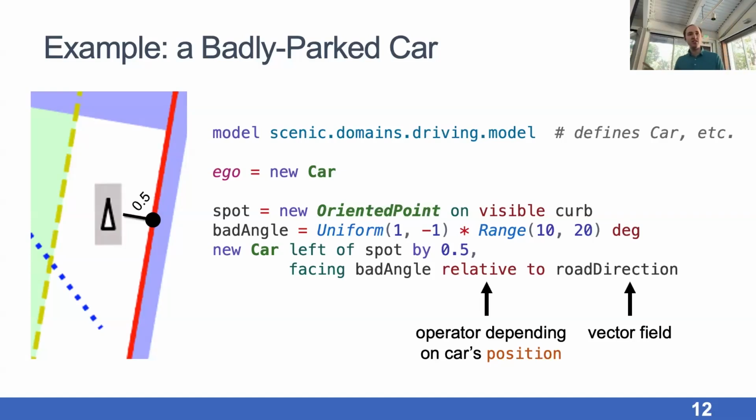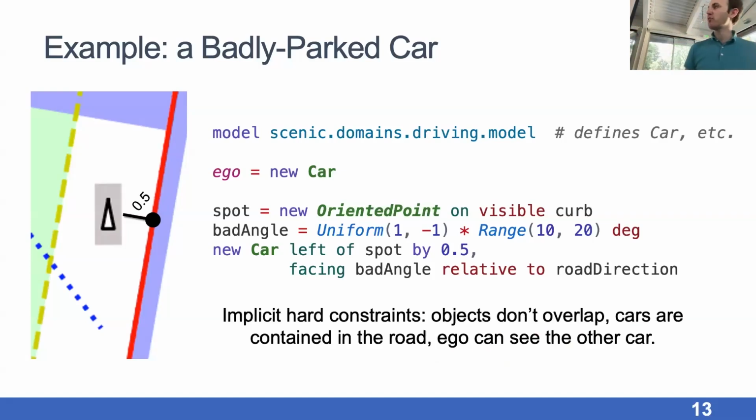There are a few other things that are implicit in this program. This is actually the complete Scenic program. You can run this and it will work as written. There are a few other things built into Scenic. In particular, Scenic knows that objects cannot overlap. So it will ensure, for example, that the ego car and this new car don't intersect each other.